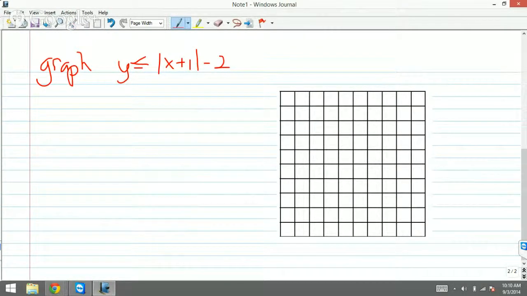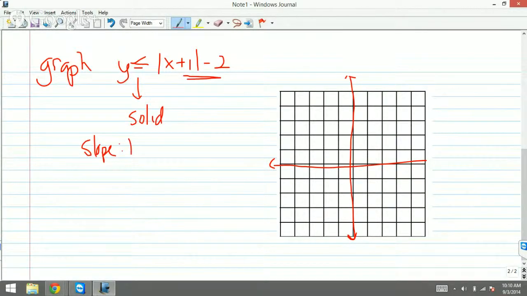Okay, solid line. Slope is 1. Okay, what do these two numbers tell me? One of the two to be negative over 2. So I have 2 left or 1 left? 1 left.